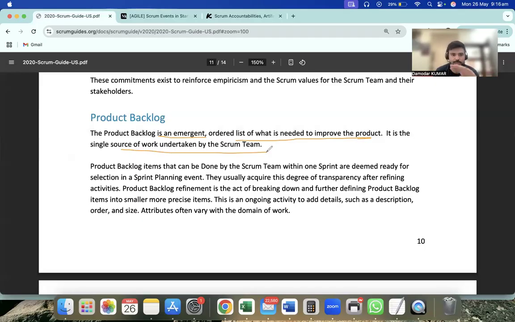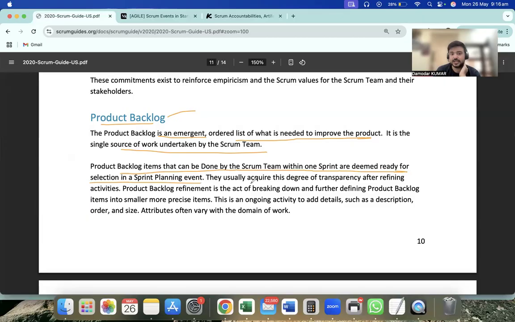Our main goal here for the Scrum team is to complete the product backlog, which will combinedly achieve what we want to achieve through the product goal. So the product goal here is the commitment and the product backlog is an artifact. So product backlog items that can be done by the Scrum team within one sprint are deemed ready for selection in the sprint planning event.